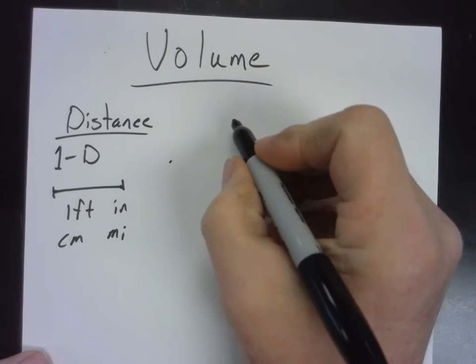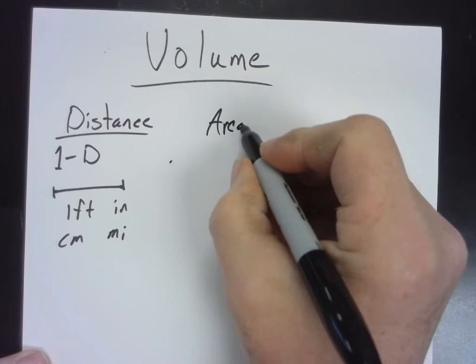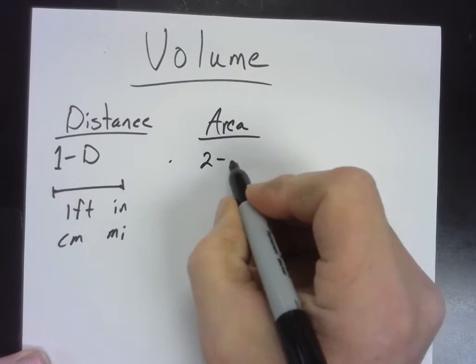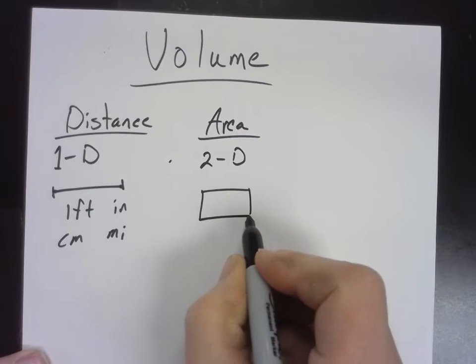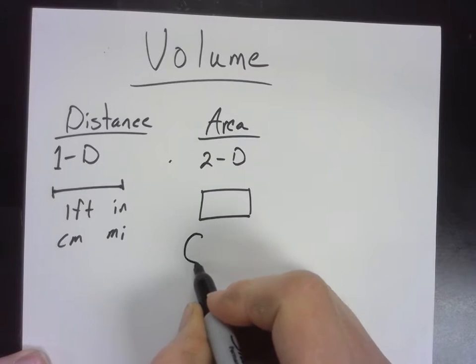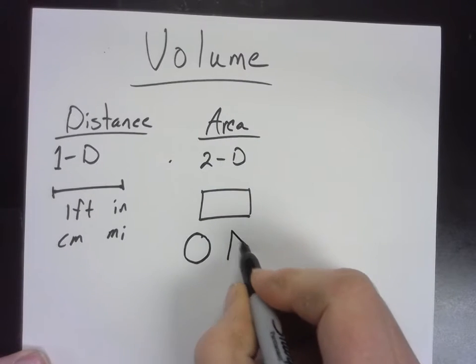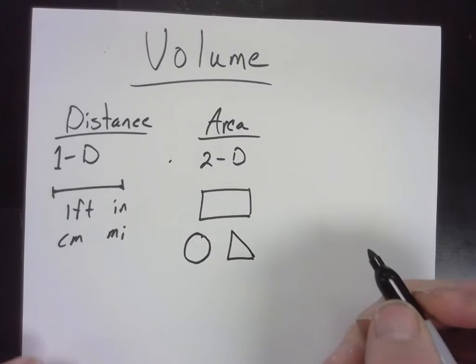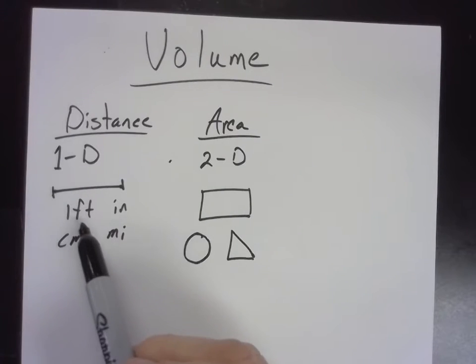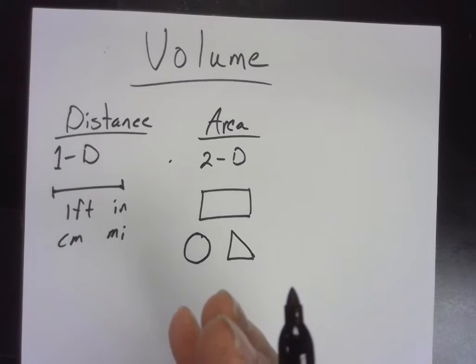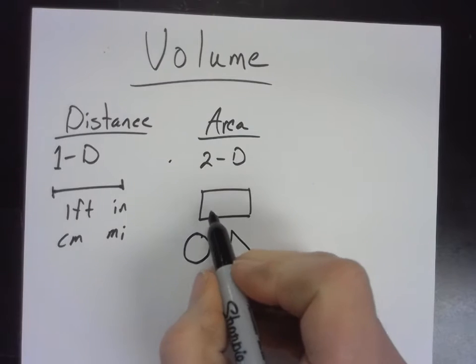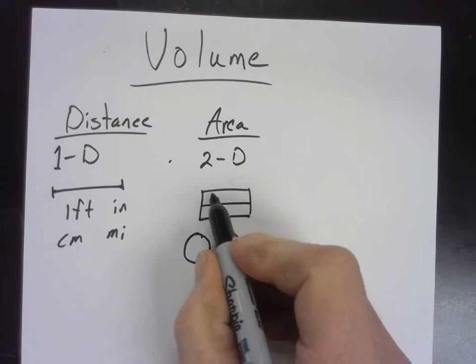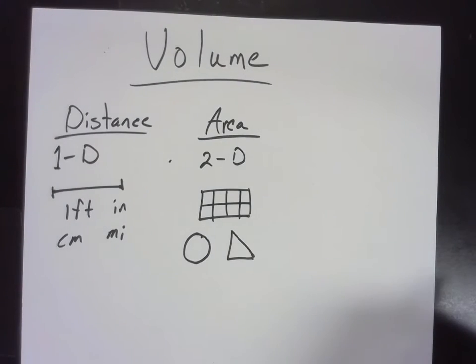Then we talked about area. Now, area is two-dimensional. So if we talk about, for example, the area of a rectangle, or the area of a circle, or the area of a triangle, we don't measure them in feet or inches or centimeters or miles. How do we measure area? In squares, right. We block it off and we measure it in squares.